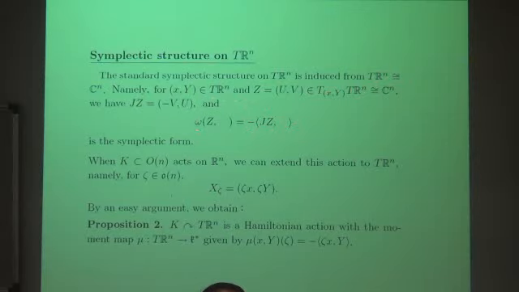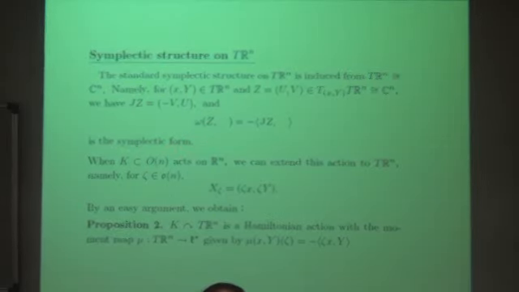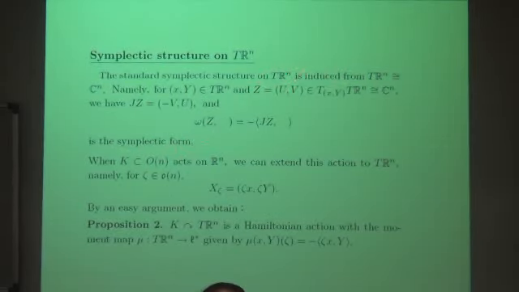This becomes a closed two form, and this becomes a symplectic form. So this has, of course, a symplectic structure, as all of you know. And so we extend the isometry action on the Euclidean space to this tangent bundle from the left action naturally. Then we know that this extended action is Hamiltonian.